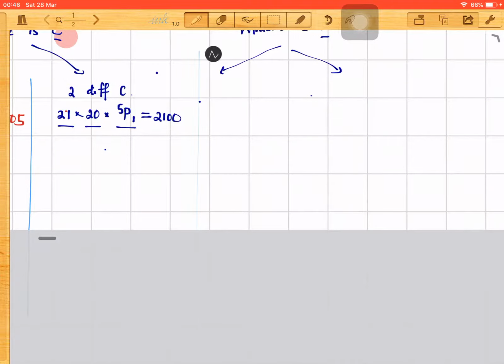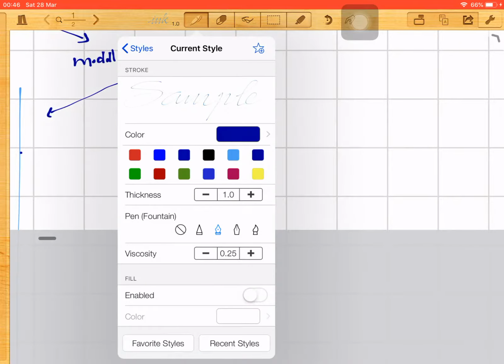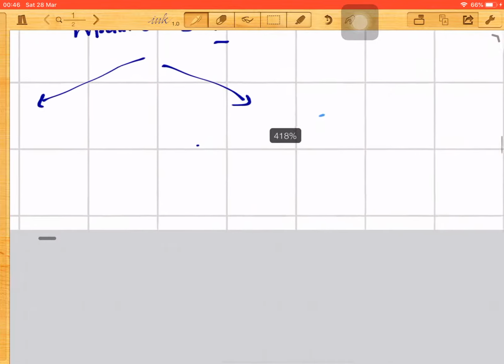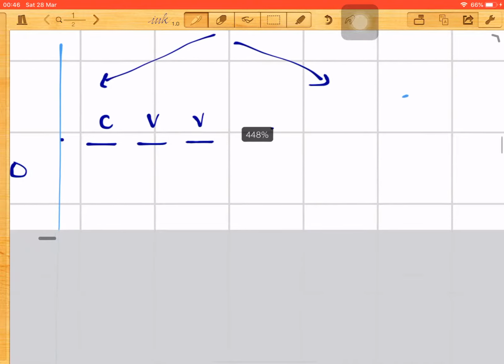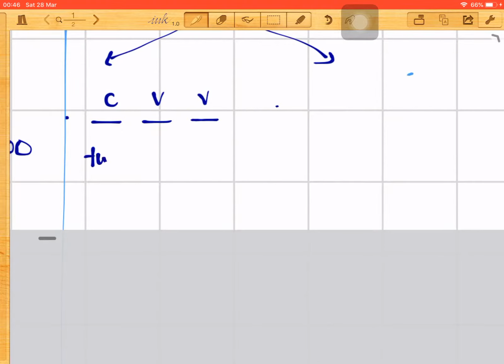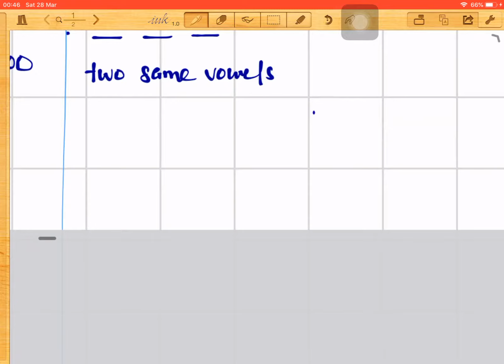Now we're going into the case where the middle is a vowel. If the middle is a vowel, the case is gonna be like this. This is a consonant, this is a vowel, and this is a vowel. So it's gonna be two same vowels. If it's two same vowels, it's gonna be something like just now.